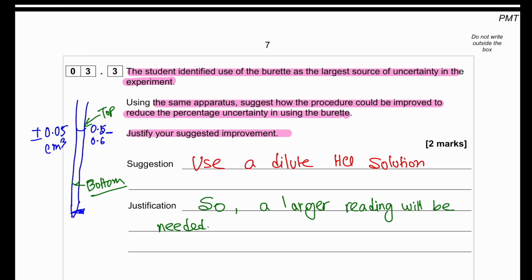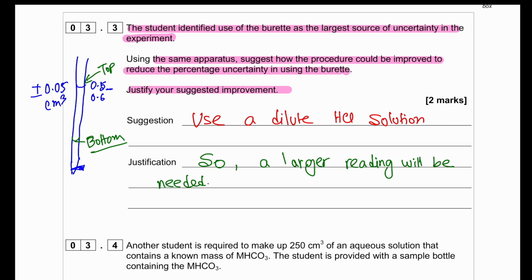However, here is the thing that we can do. If the error that we are getting here is 0.1 cm3, and we are measuring a volume of, let's say, 10 cm3, then 0.1 divided by 10 times 100 gives us a value of 1% error. Now consider this. If we were to do the same experiment, our error would still be 0.1 because the reading error cannot be changed.